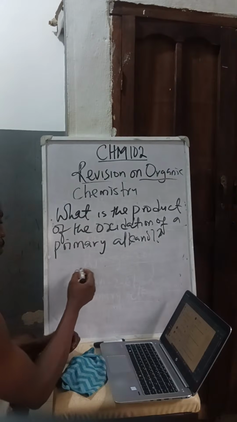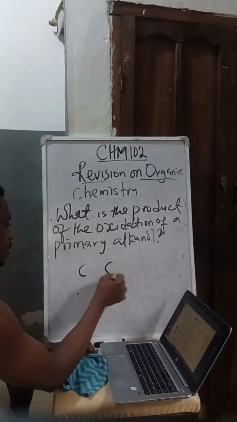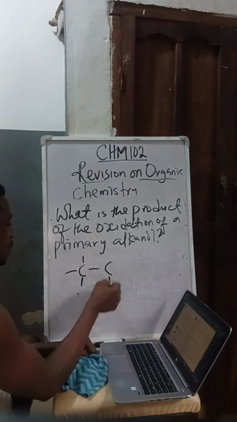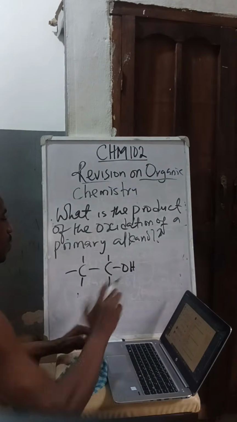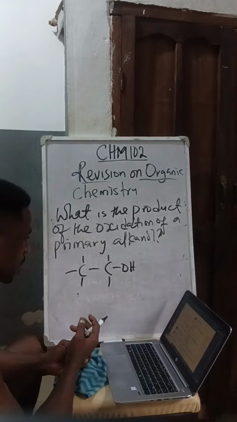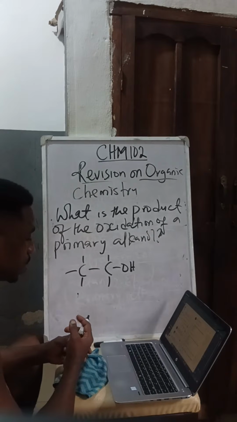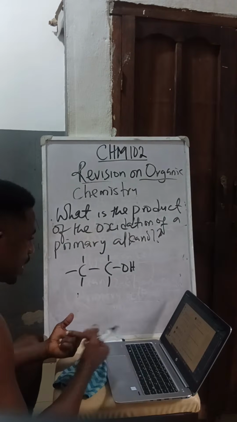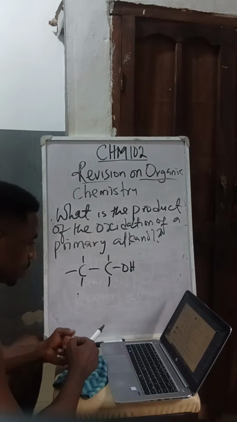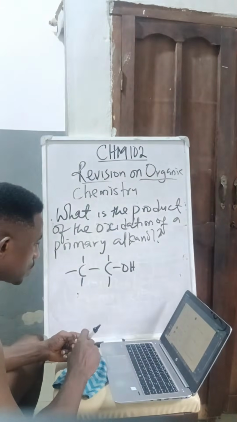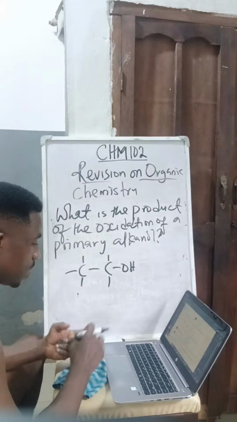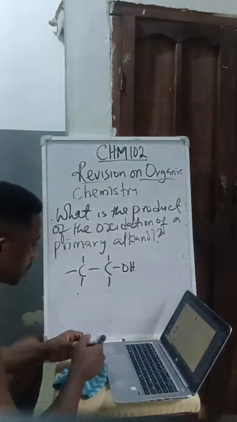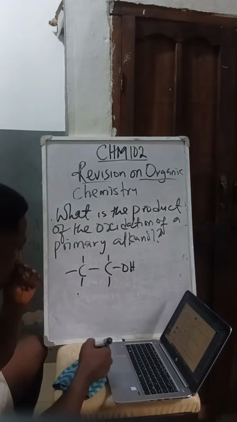So a primary alcohol, let's see, oxidation actually. A primary alcohol has only one OH. So when it is oxidized, what will it form? When it is oxidized, what will it form? This is just OH.